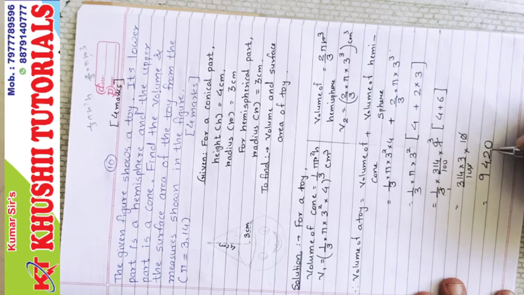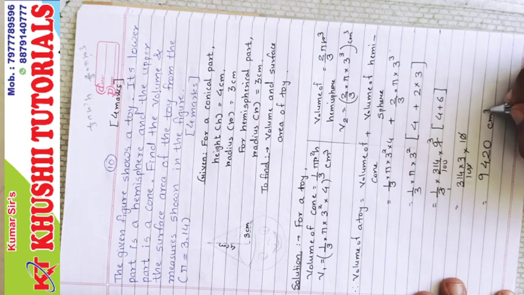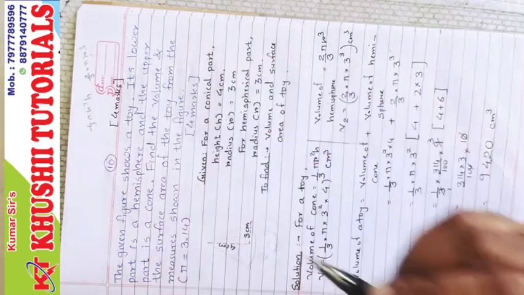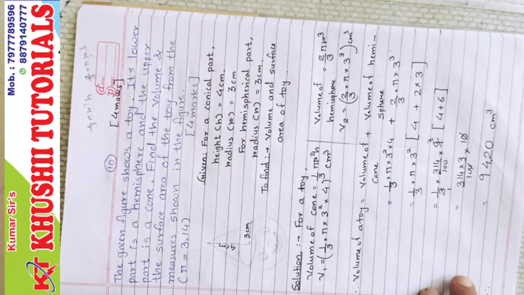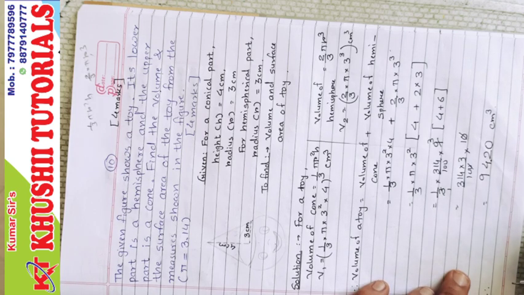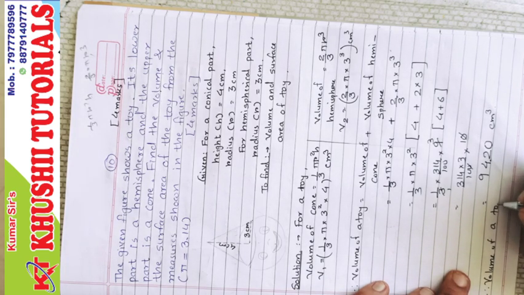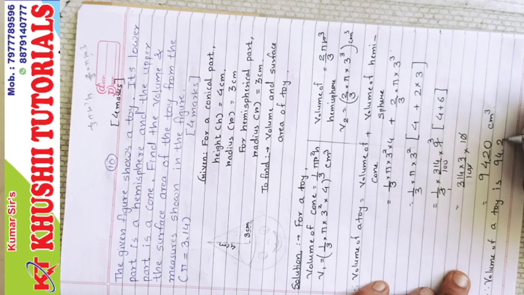Now we should write 2 digits after the decimal, so 94.20 centimeter cube. So we got the first answer: volume of the toy is 94.20 centimeter cube.